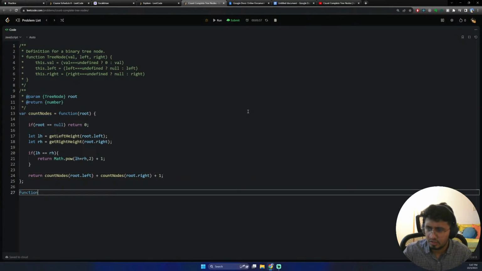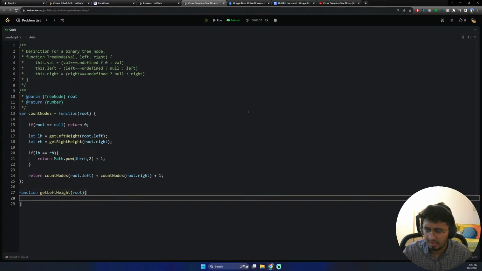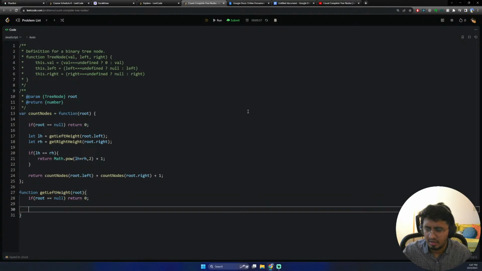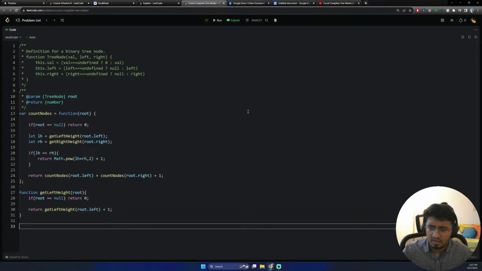So function get left height root. Yeah, will be just passing the root, right? If root equal to null, then return 0, and return get left height will be always going to the left side, and then plus 1 will be counting that same thing.